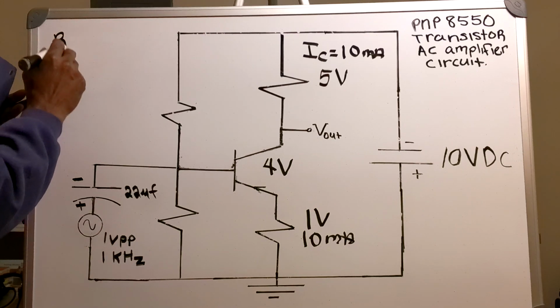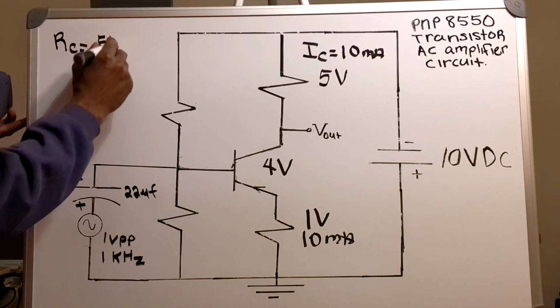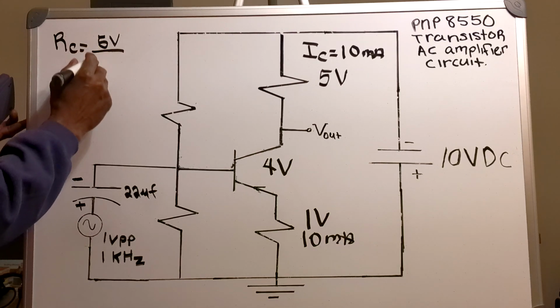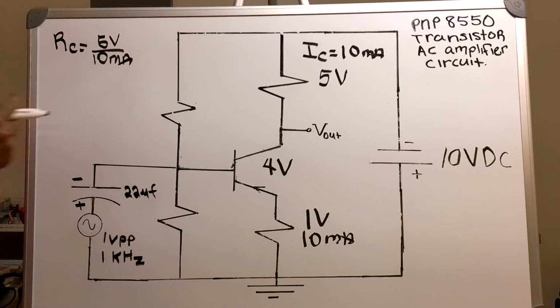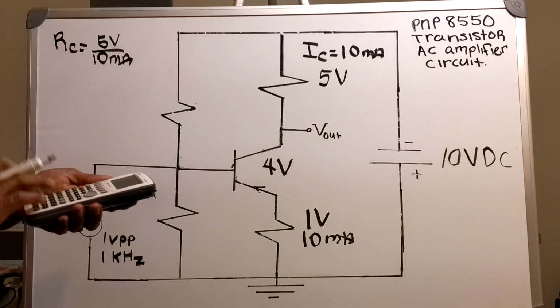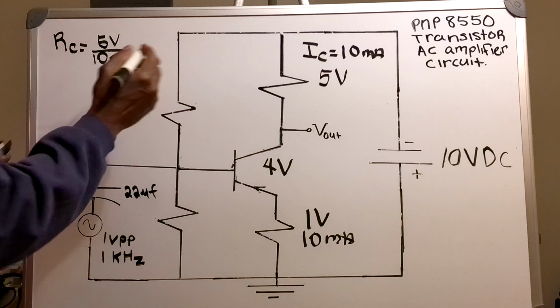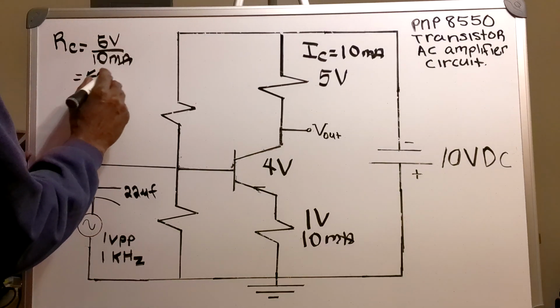Now the value of my collector resistor equals 5 volts divided by 10 milliamps. That gives me 500 ohms.